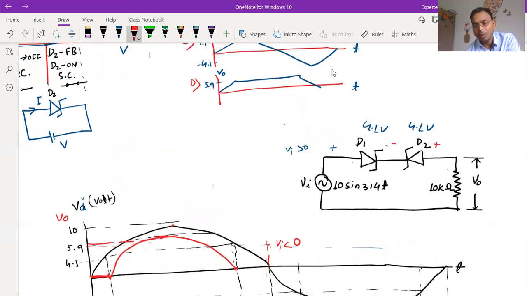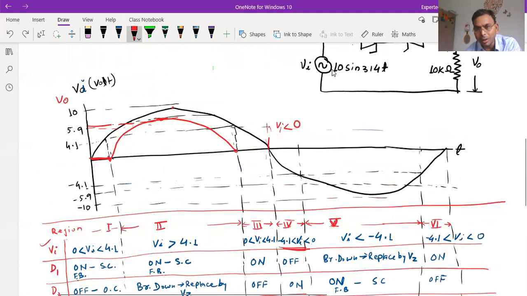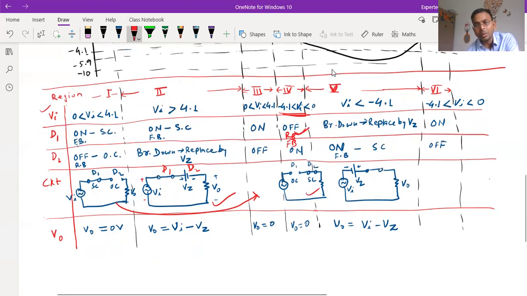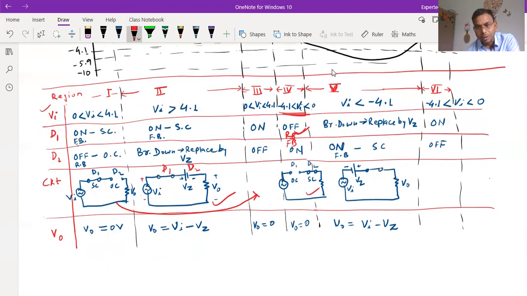D1 will be off due to reverse bias and D2 will be on due to forward bias. So in this circuit, because this is open circuit, VO will be 0.